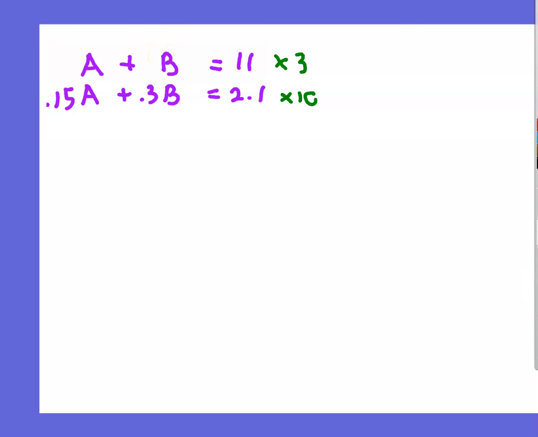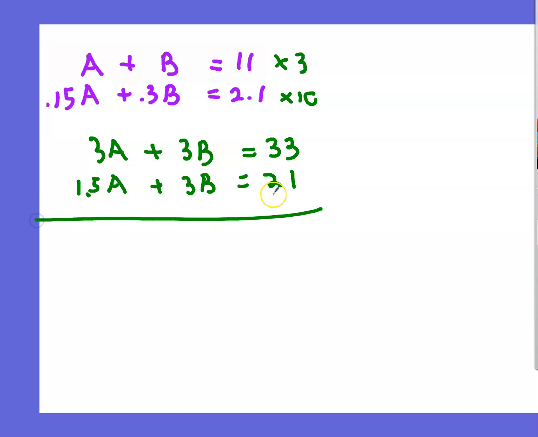The first equation is going to end up being 3a plus 3b equals 33. Notice I multiplied everything by 3 up here. And I'm going to multiply the bottom equation by 10. That'll make this 1.5a, and it'll make this 3b, and it'll make this one 21.